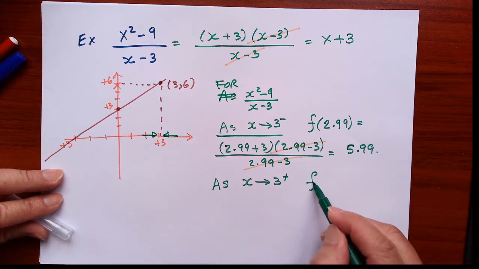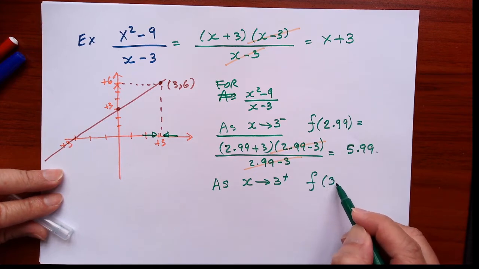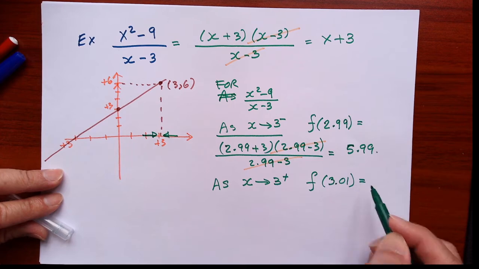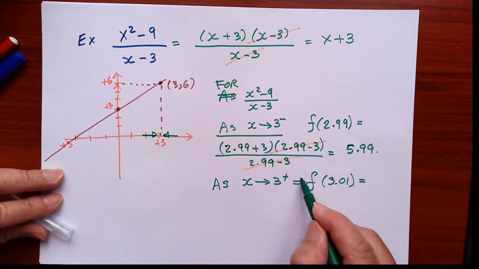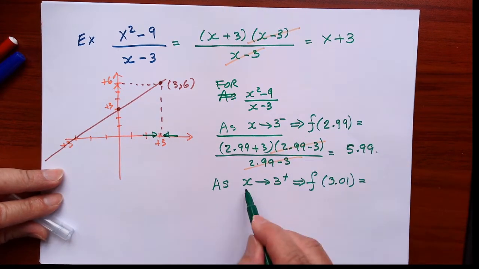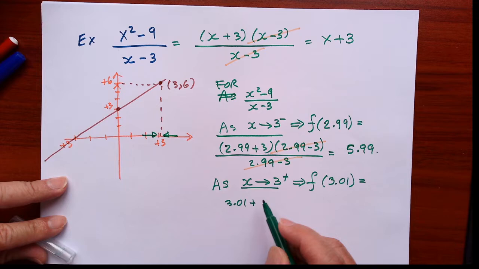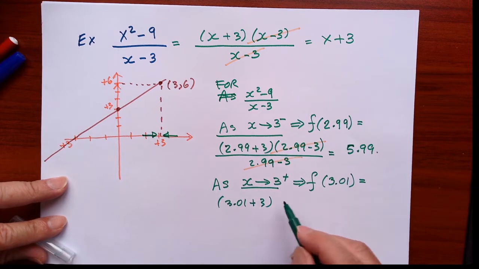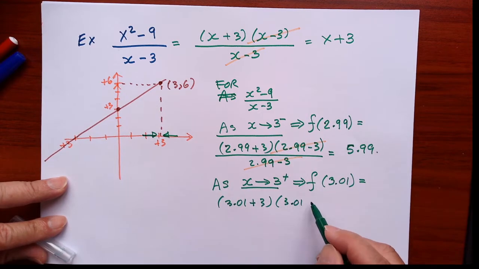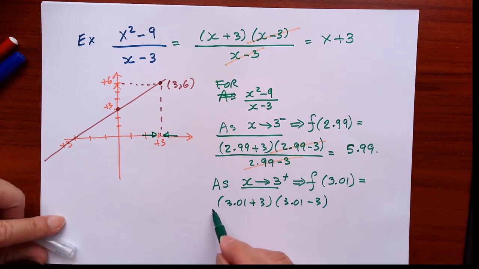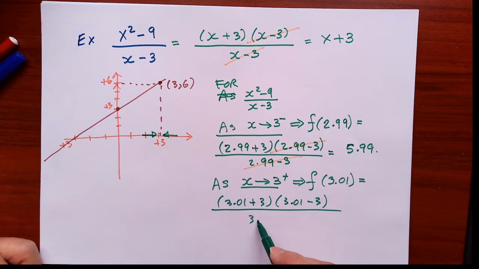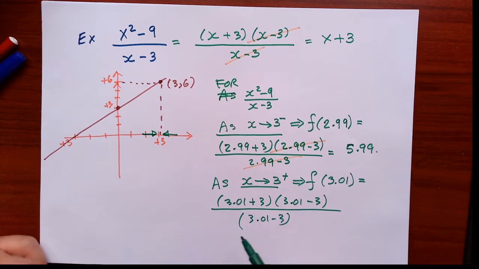So we can say f of 3.01 equals (3.01 plus 3)(3.01 minus 3) over 3.01 minus 3.